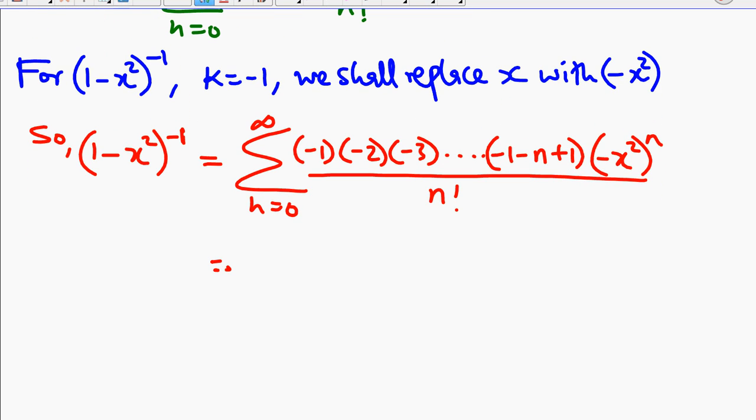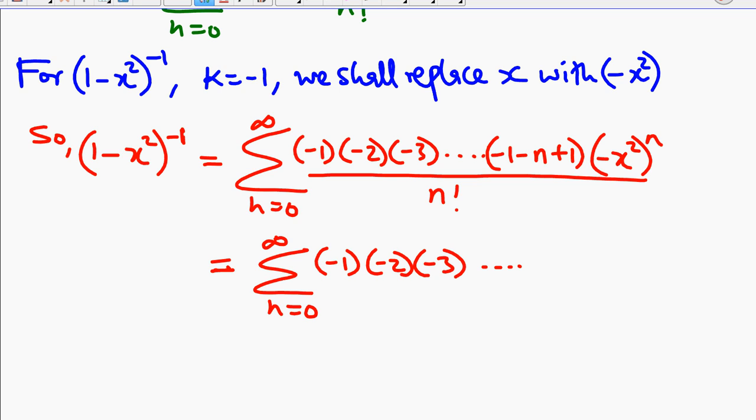So what we'll end up with is the sum from n equals 0 to infinity. Let me just write what it is before I simplify, one thing at a time. So negative 2, negative 3, all the way up to negative n.